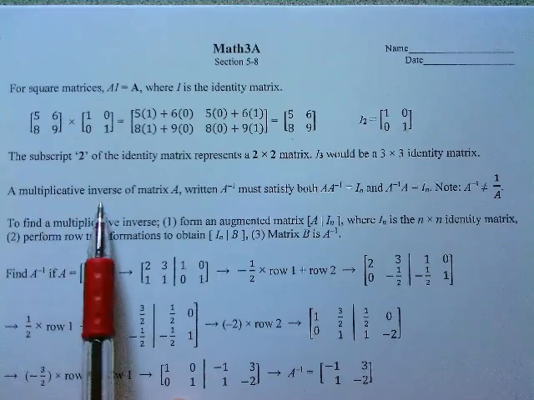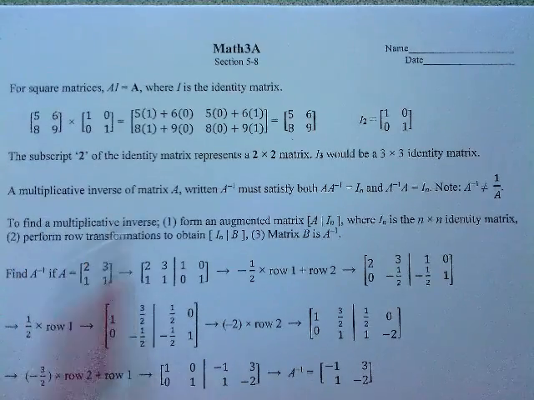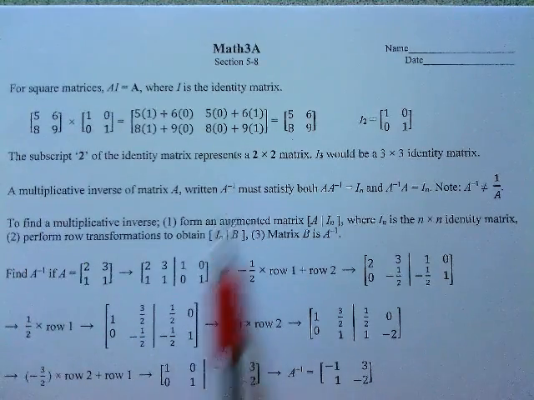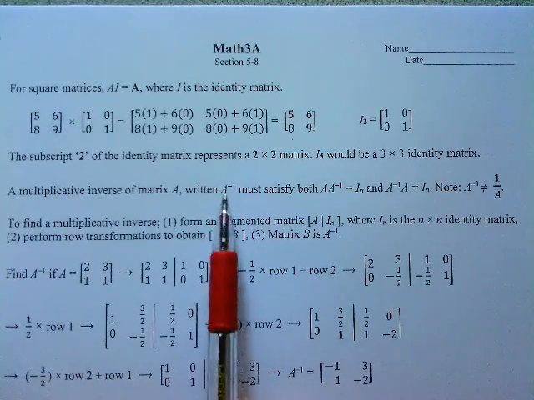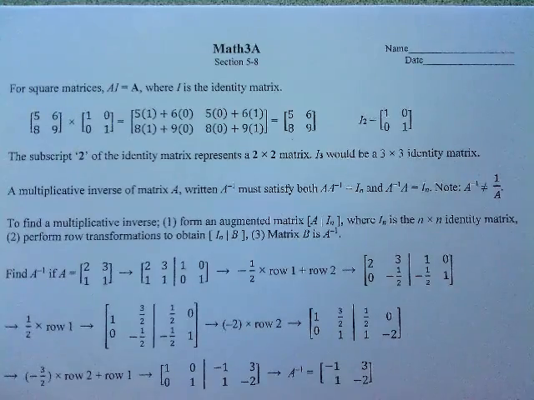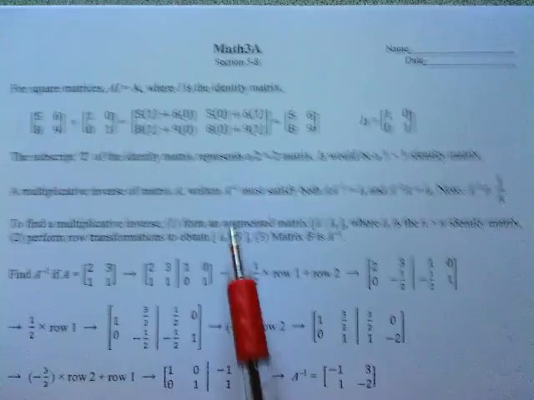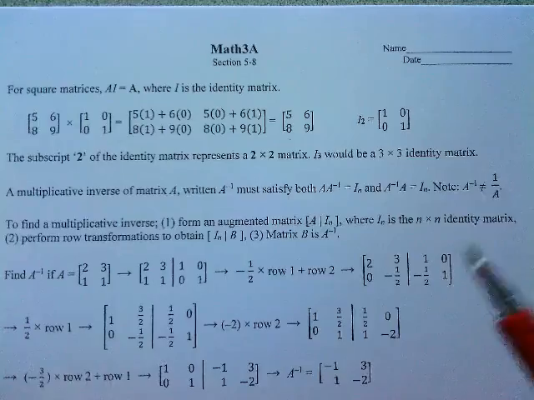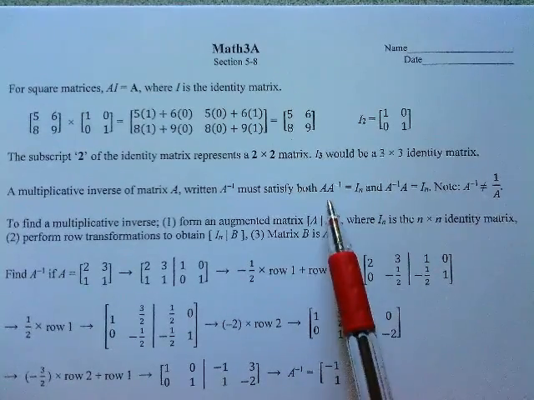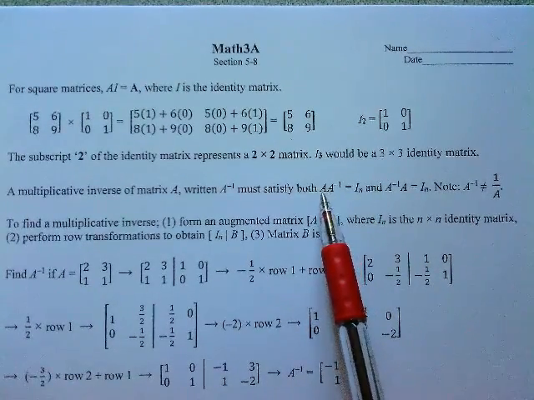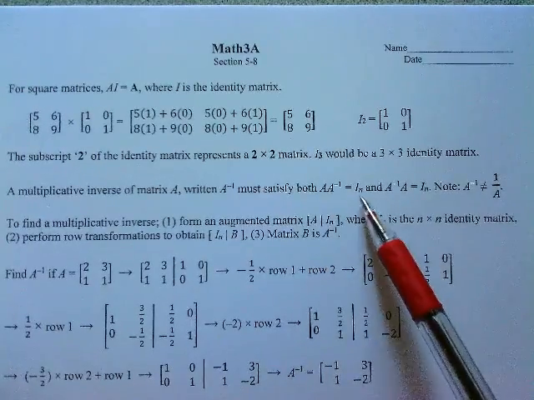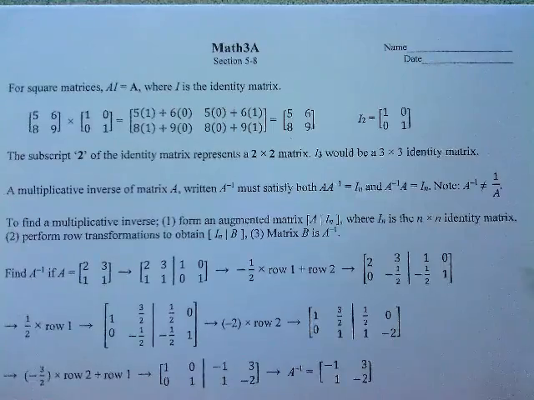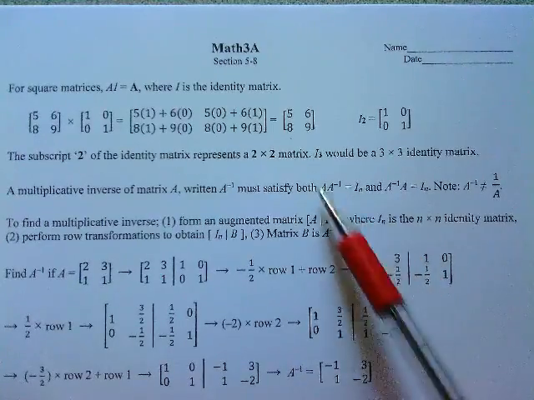Now, a multiplicative inverse of matrix A is written this way, and in this case that does not mean it's 1 over. It's like function notation. When you see a -1 like that as an exponent, it means it's the inverse. And so basically, if I multiply two matrices that are inverses of each other, I should get the identity matrix. Again, the n just depends on the dimensions.